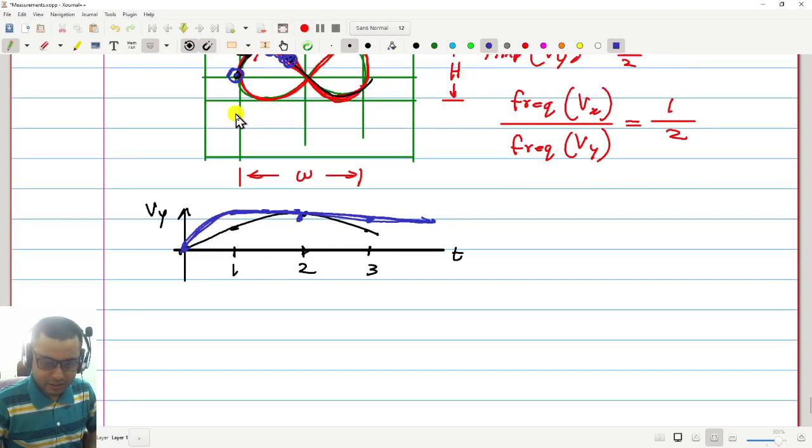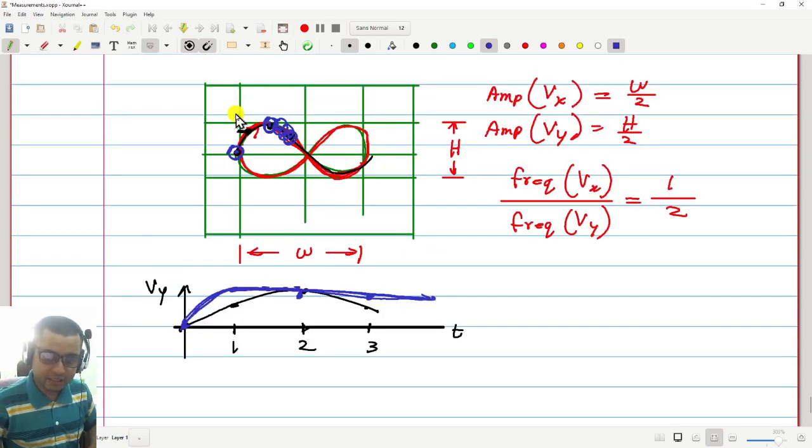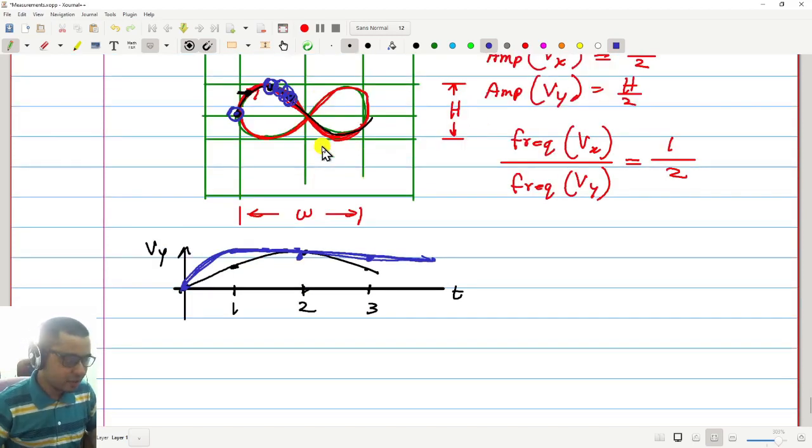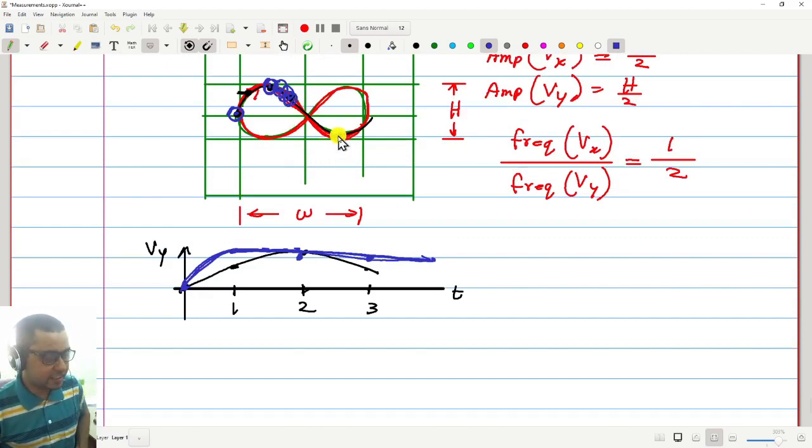Now if you know that the waveforms are sinusoidal, then from the pattern you can estimate the ratio of the frequencies, provided the ratio is a proper multiple.